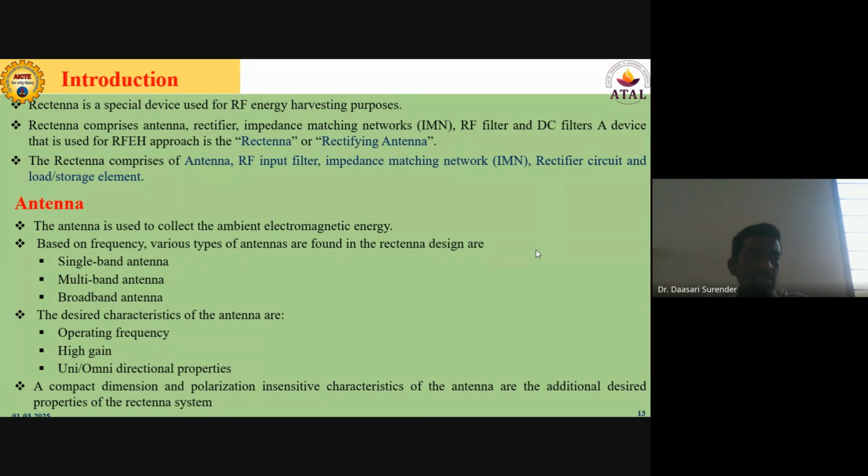To increase the applications of the rectenna system, the size of the rectenna plays a major role, suitable for different applications. Here the rectenna size is less. If the rectenna size is less, then we can extend the applications of the rectenna for several devices.